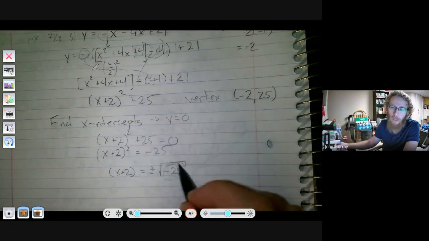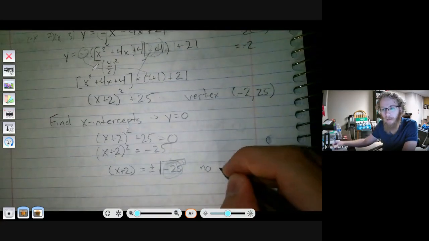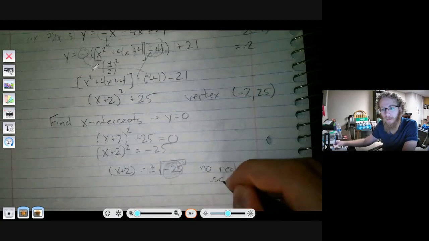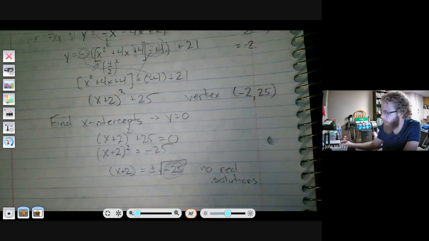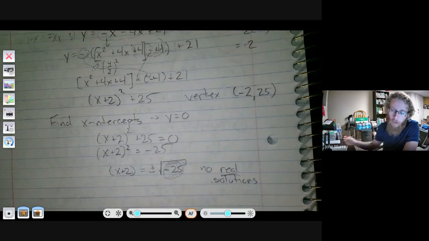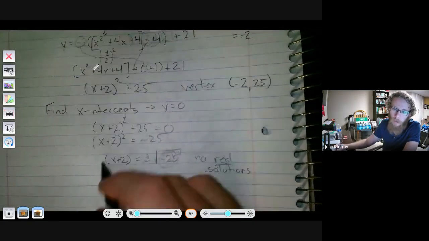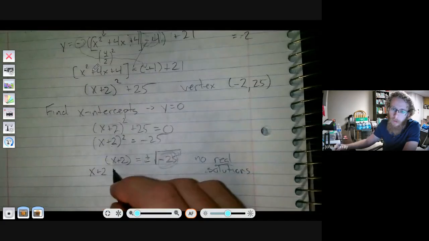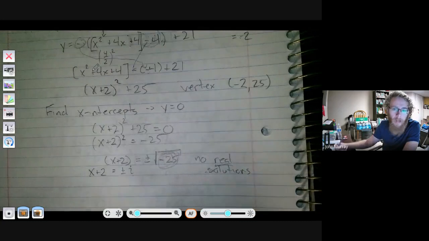But here we encounter a problem. Underneath we have a negative. So we don't have any real solutions. But if you remember from algebra, we can get rid of this negative underneath the square root with an imaginary i.